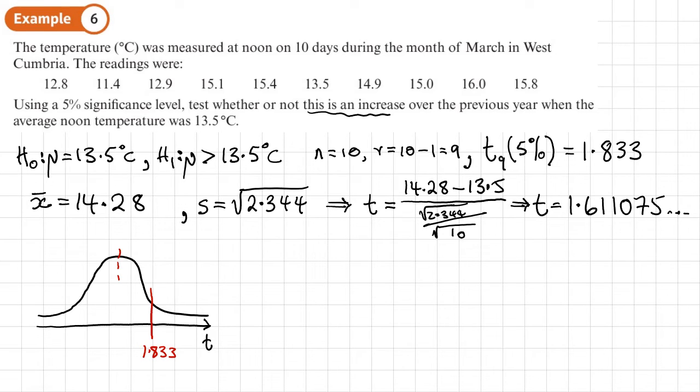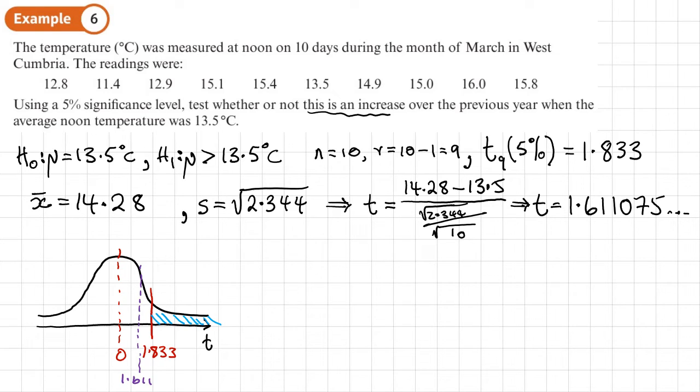So remember that's 0 in the middle there. So here's my critical region, because remember it's an upper tail test. And 1.611, right, that's over here, isn't it? So it's not in the critical region. 1.611.